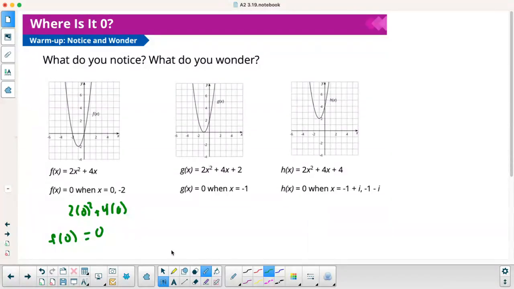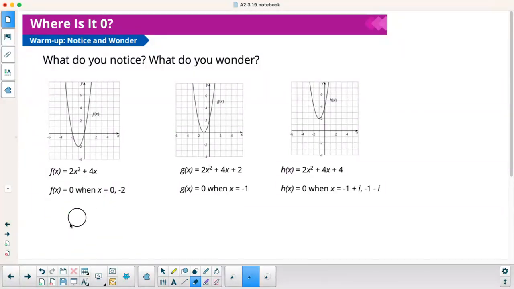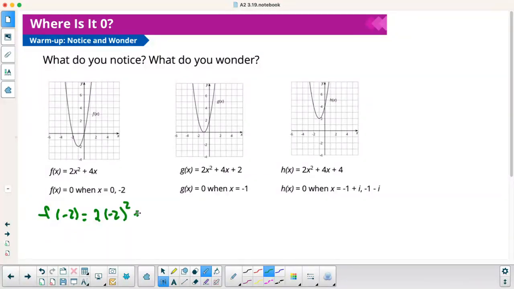You could plug in -2 for x. f of -2 would be 2 times -2 squared plus 4 times -2. This gives me 8 minus 8, which is 0. So we would say f of -2 equals 0.